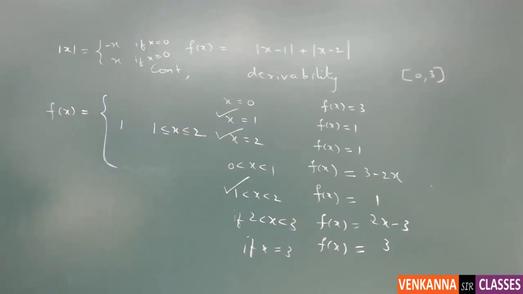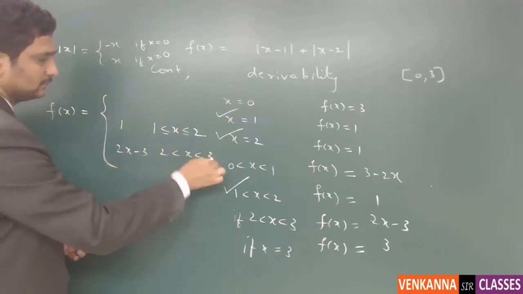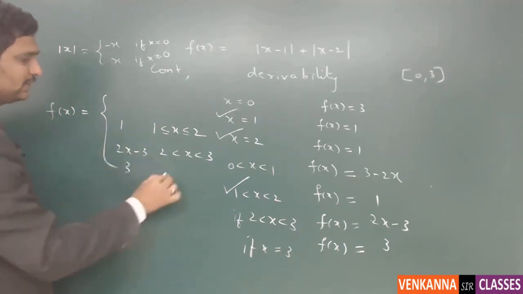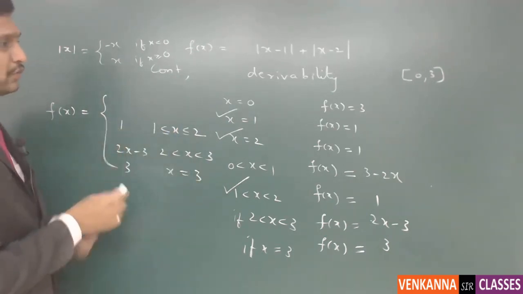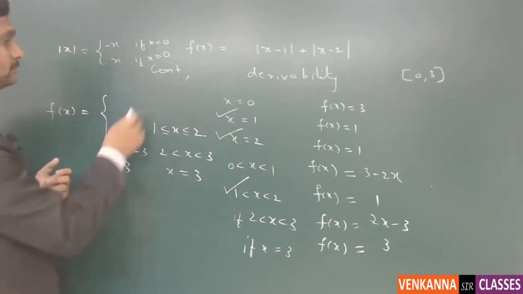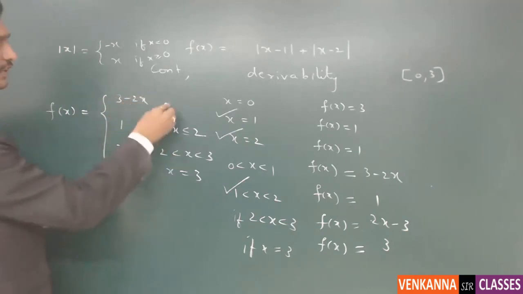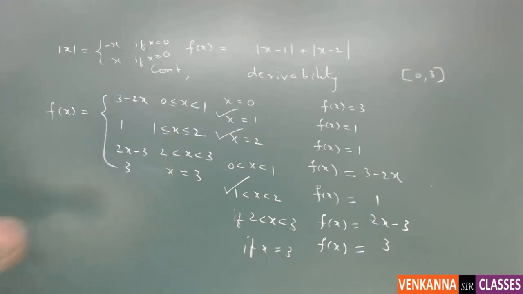So when 2 less than x less than 3, its value will be 2x minus 3. And its value will be 3 when x is equal to 3. You can take it straight away. This will be the bifurcation of the function in a simple manner. Agreed?